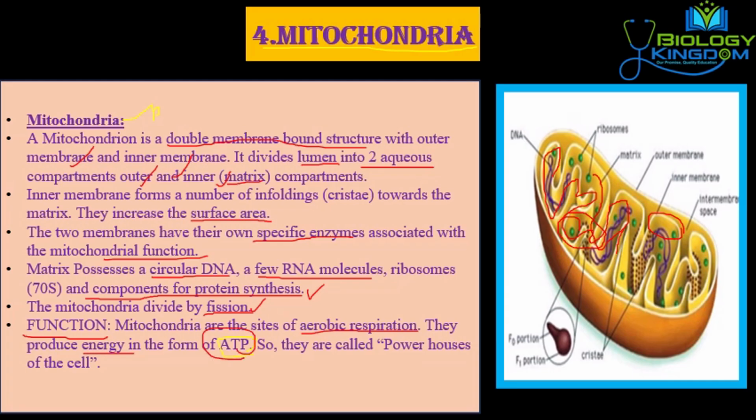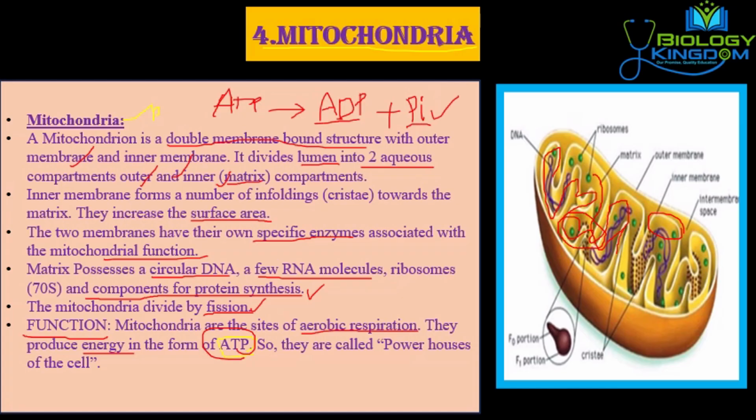Now ATP is broken into ADP plus Pi, or iP, both are the same. ATP is adenosine triphosphate and ADP is adenosine diphosphate. Here iP or Pi is nothing but inorganic phosphate.